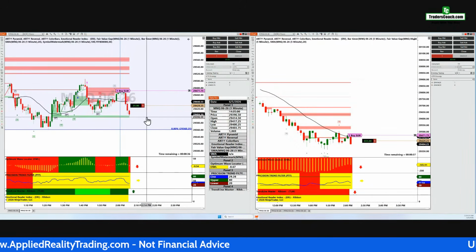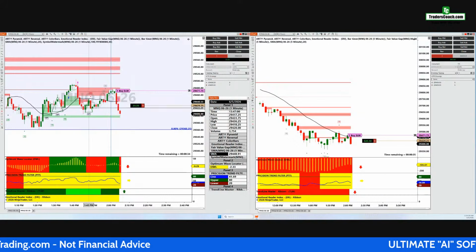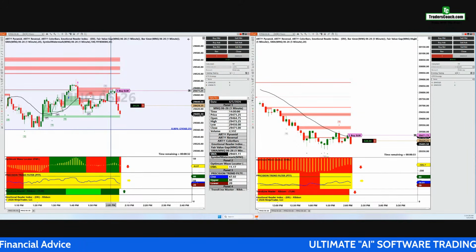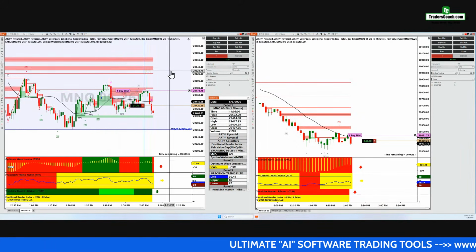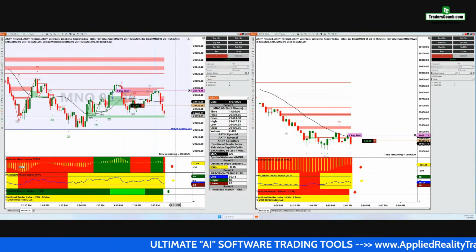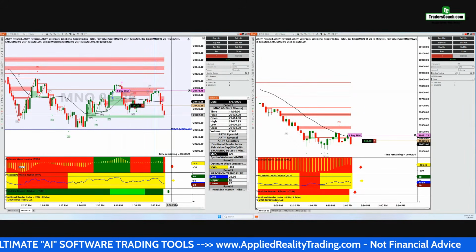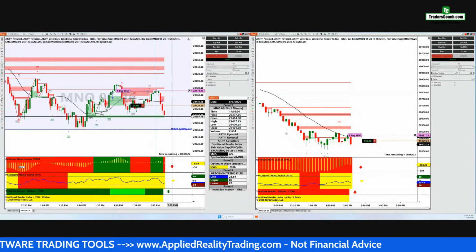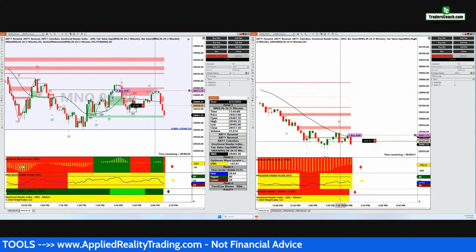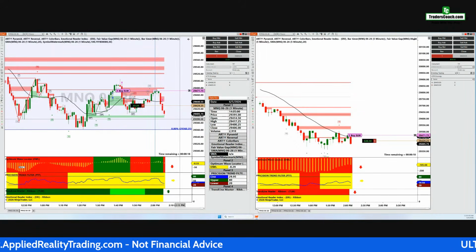So regardless of how this trade turns out, notice we didn't have any bullish fair value gaps. Okay. Have this one down here. Very bearish on the 5.